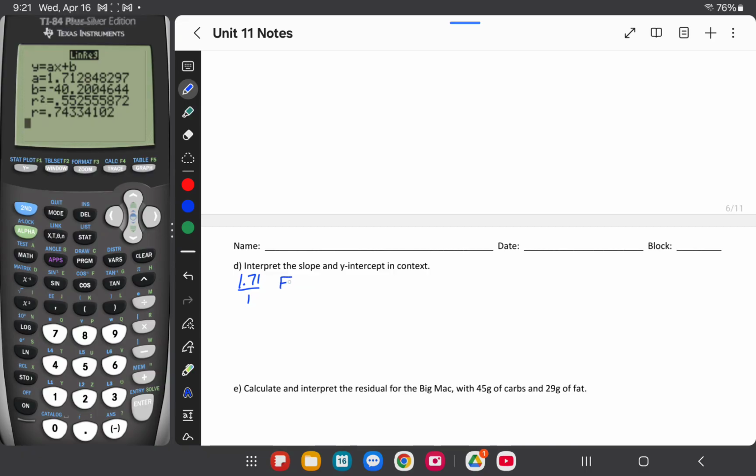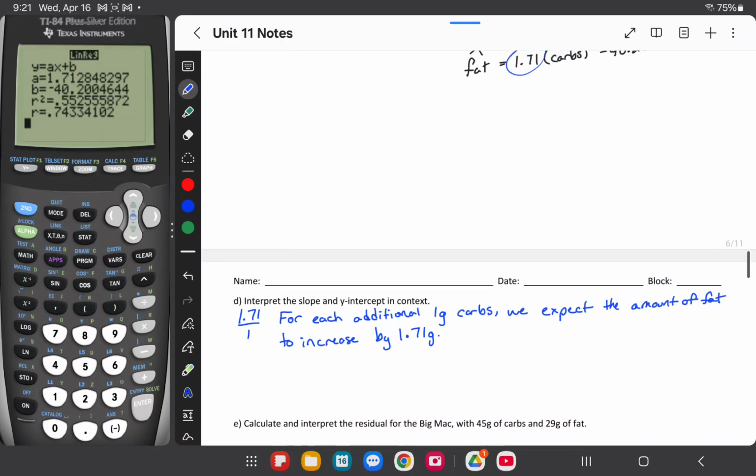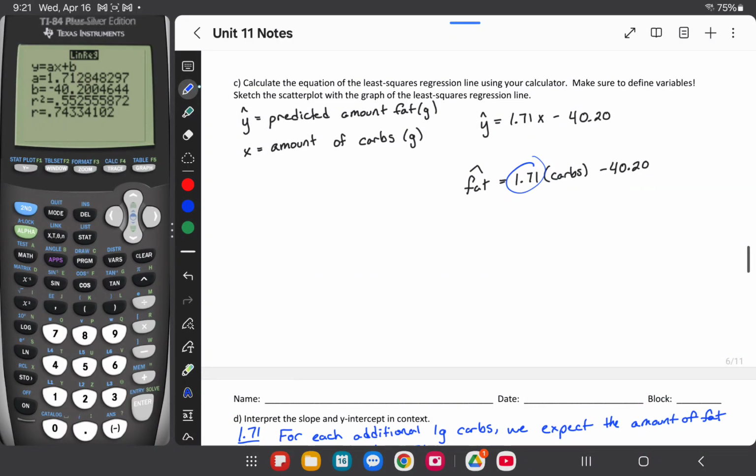So what we would say is that for each additional 1 gram in carbs, we expect the amount of fat to increase by 1.71 grams. Next, let's interpret our y-intercept.